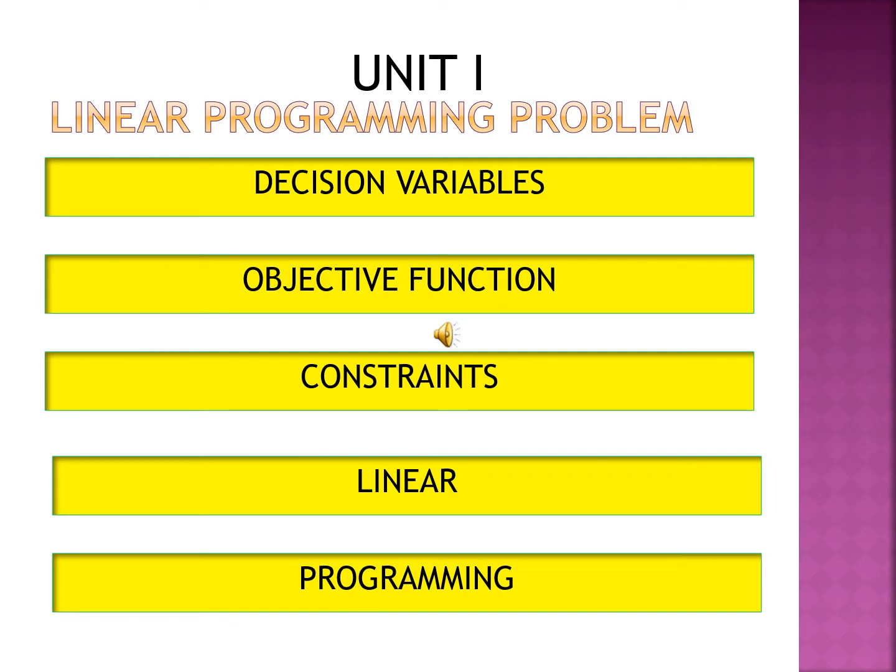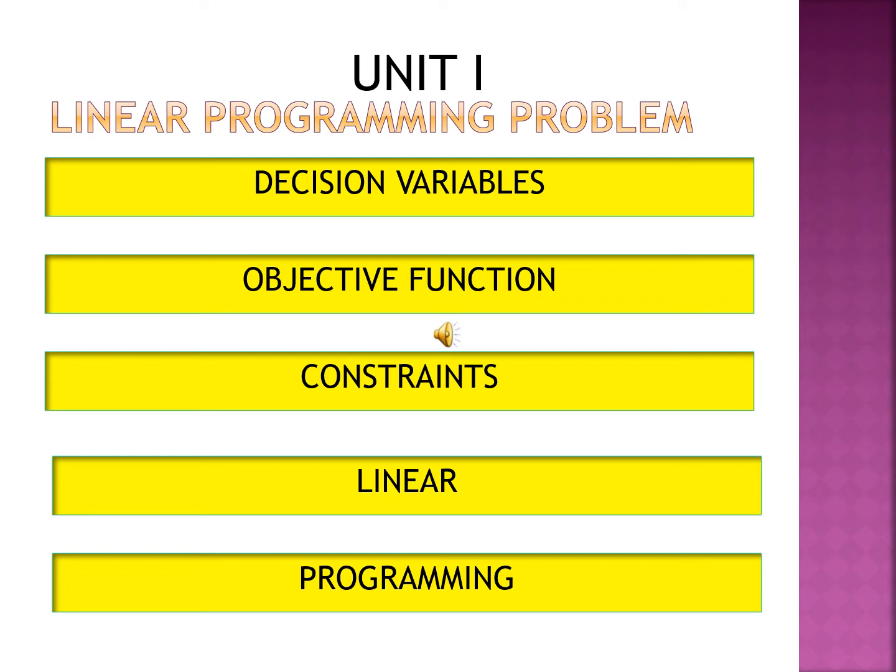In this presentation, we talk about the linear programming problem. A linear programming problem deals with the optimization of a function of decision variables, which is known as the objective function. Optimization means maximization or minimization, subject to a set of simultaneous linear equations or inequalities known as constraints.